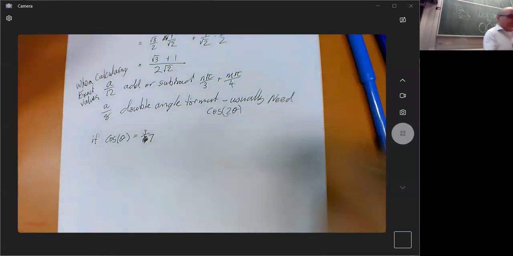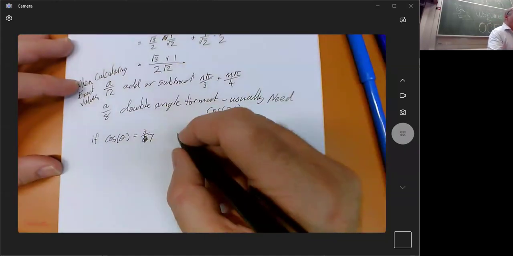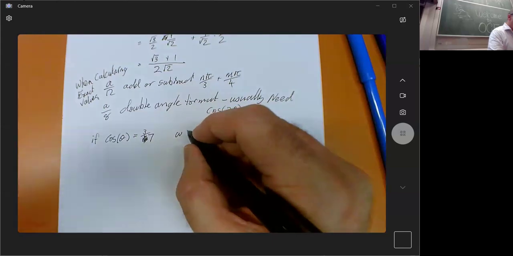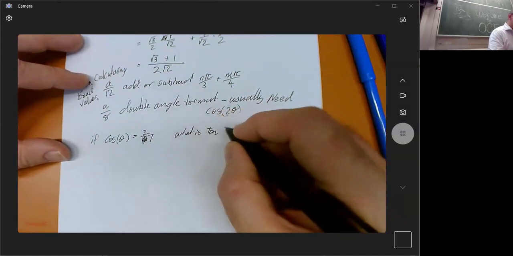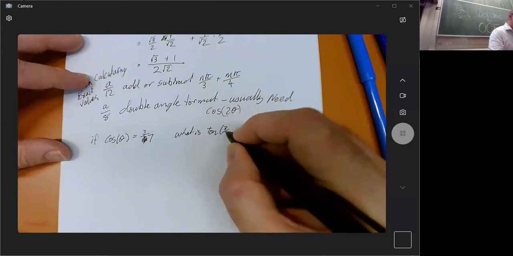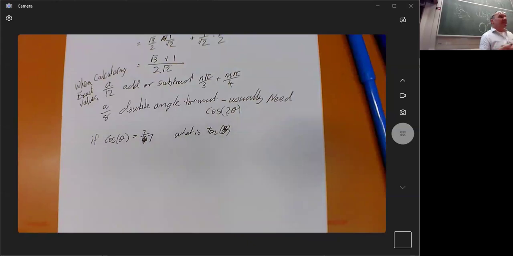I hear you say, that sounds like a brilliant plan, doesn't it? And so what is tan of theta? Sure. So this is not out of the question for something they do. And it's nice and simple.